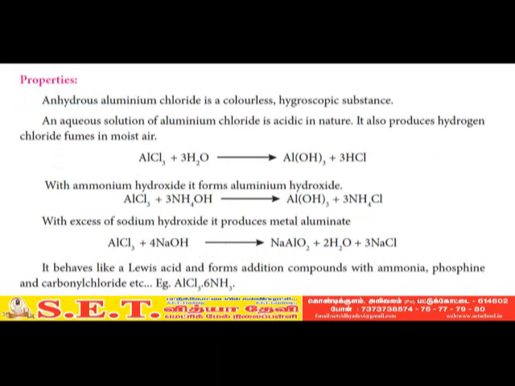Properties of aluminum trichloride. Aluminum trichloride is used as a hygroscopic substance. Hygroscopic substance means it absorbs water. It acts as acidic in nature. It produces hydrogen chloride with fumes in moist air. It means it produces hydrogen chloride in a fuming atmosphere in moist air.